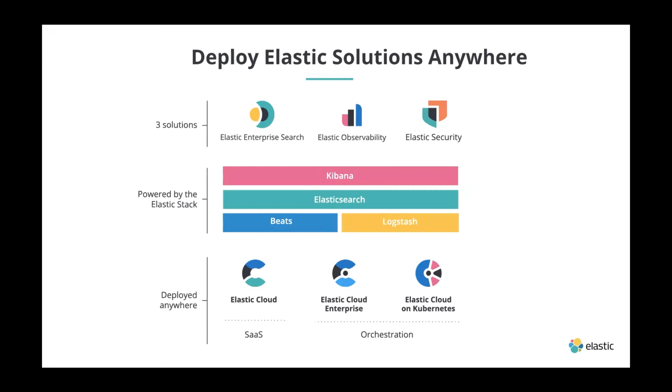And that interface, the stack and the interface, can be deployed either in the cloud via a SaaS offering or in on-prem self-managed mode where you can manage that deployment, but leverage our software to orchestrate it with our Elastic Cloud Enterprise and Elastic Cloud on Kubernetes. I think Chuck or somebody mentioned that they were testing this in ECK, which is great.